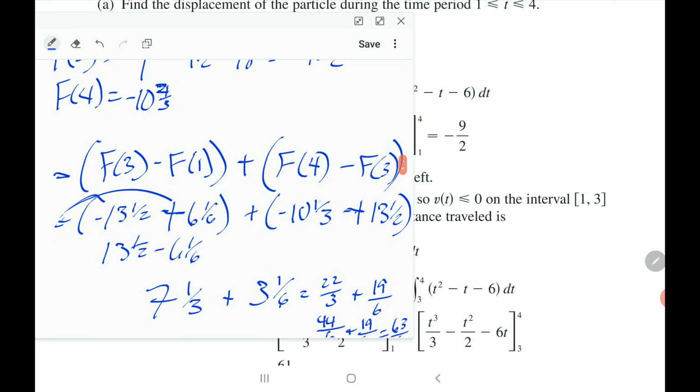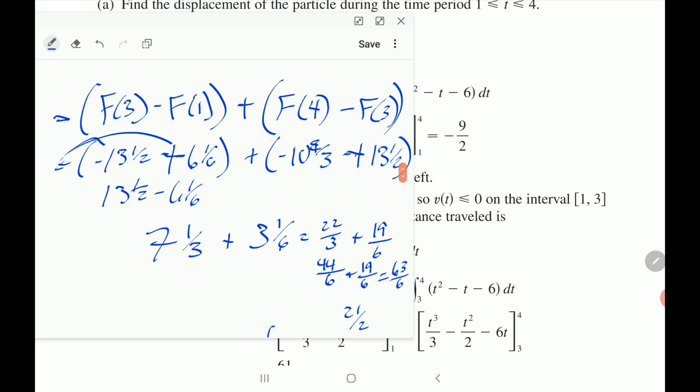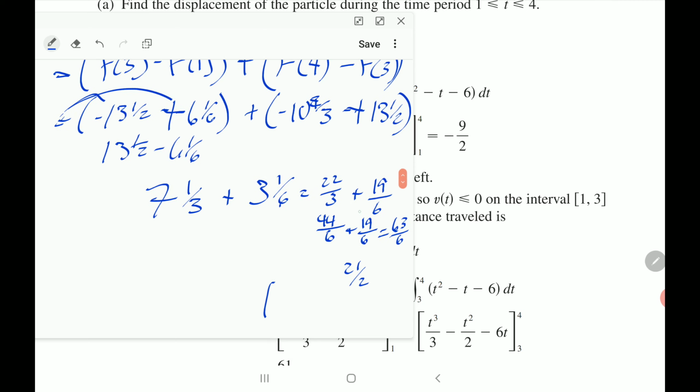So that's 2/3. That's where I'm off. So that becomes 2 and 5/6, which ends up being 17/6, which gives you 61/6, which is your answer. Okay, glad we cleared that up.